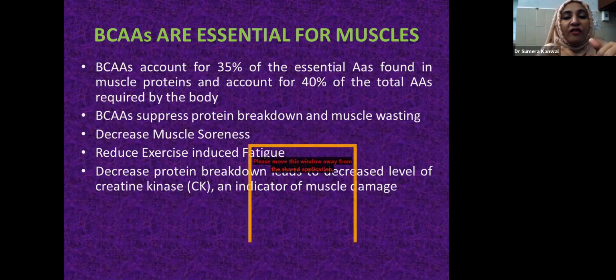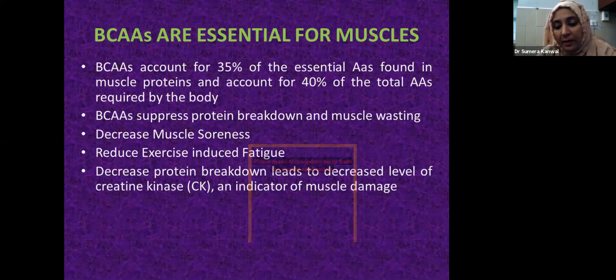The deficiency of branched chain amino acids leads to the catabolic state of muscle protein, and in the presence of a sufficient amount, the protein turnover in the muscles shifts towards the anabolic phase.